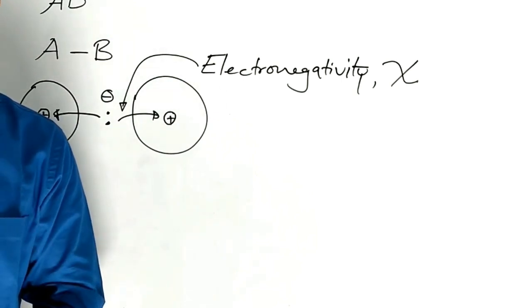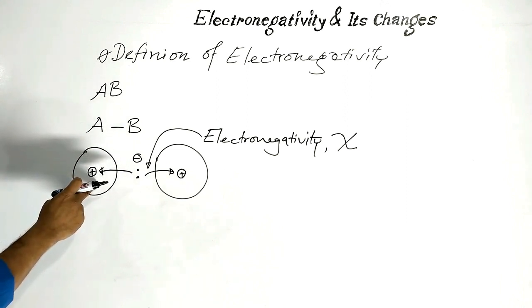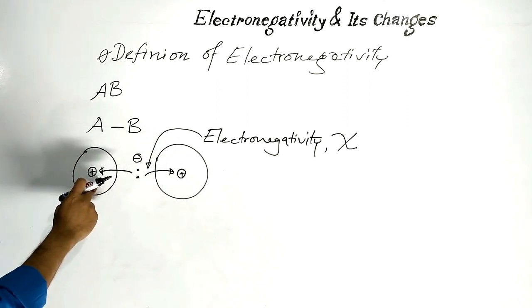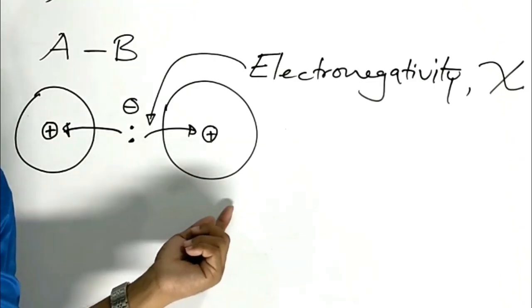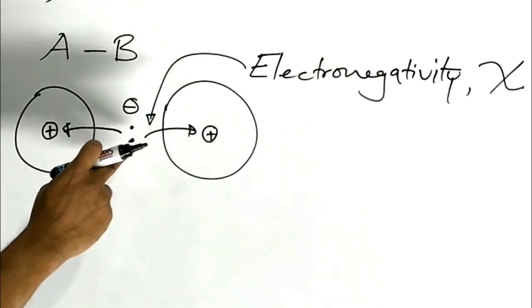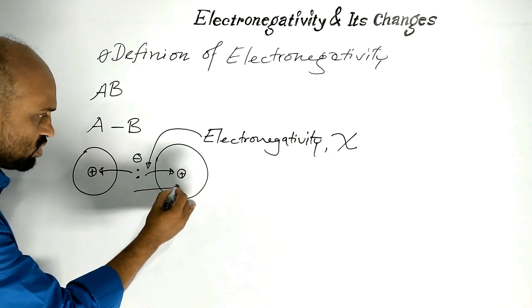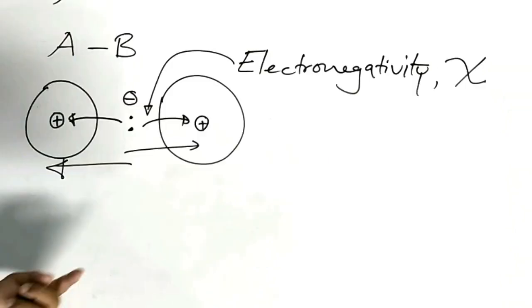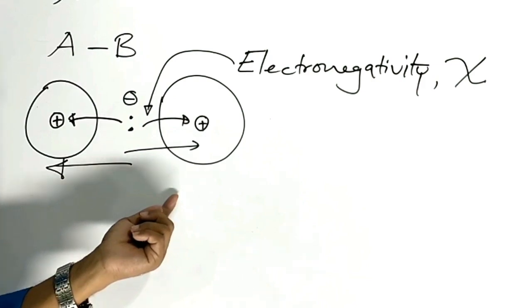The definition of electronegativity is: the relative ability or attraction of covalently bonded atoms to the covalently bonded electrons towards themselves is known as electronegativity.